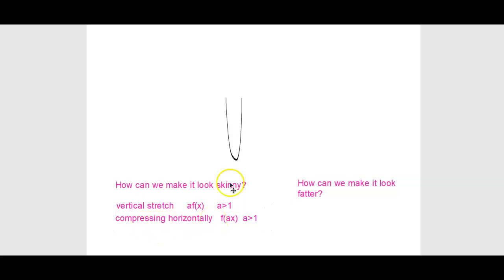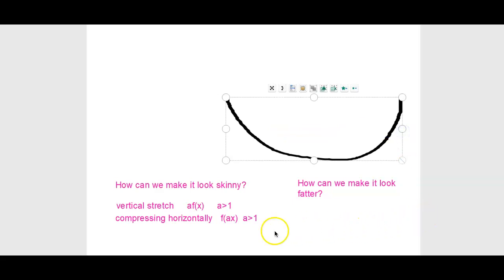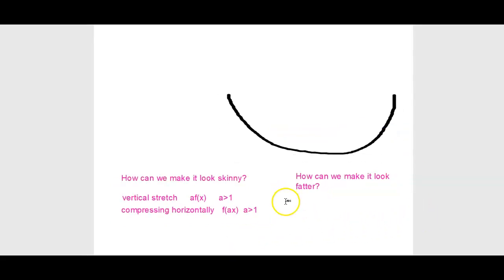horizontally compressing it. Now, the opposite is true whenever you're trying to make the thing look fatter. So let's put it back to normal here. So how can we make it look fatter? Well, one way I can make it look fatter is by stretching it horizontally. That's whenever you are multiplying a number inside the parentheses, and that number is less than 1.